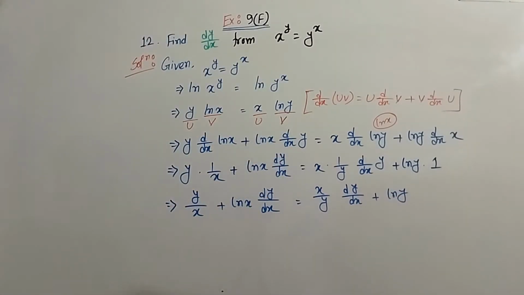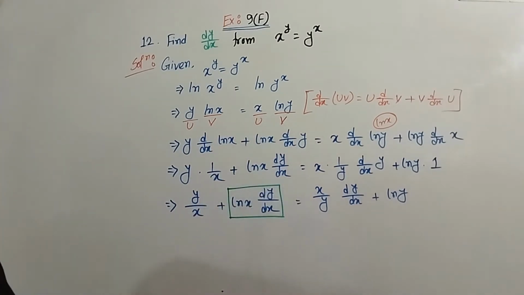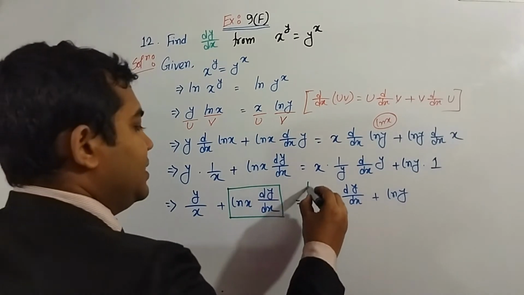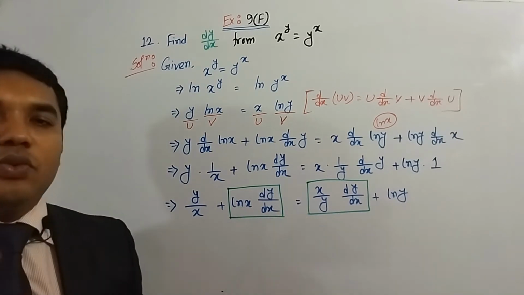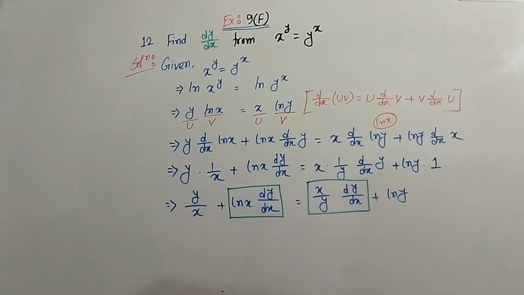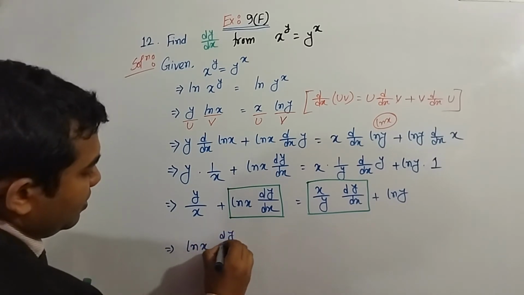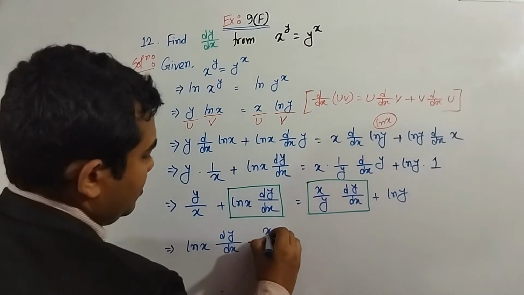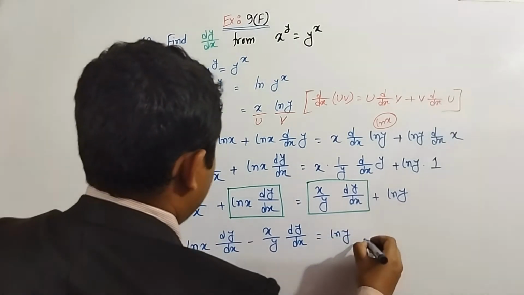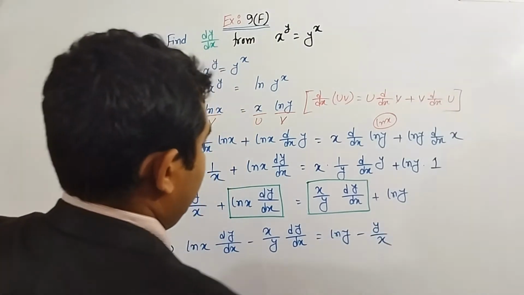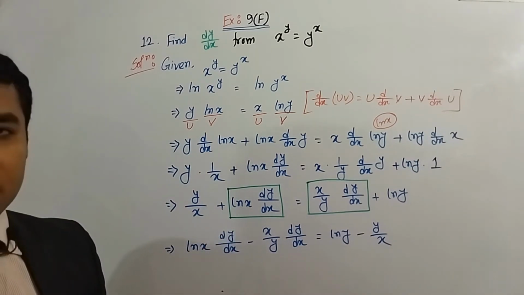Here we have observed that this is the part where dy/dx is there, and this is the part where dy/dx is here. Just take these two parts to one side, then what will we get? Now dy/dx should be taken as common.